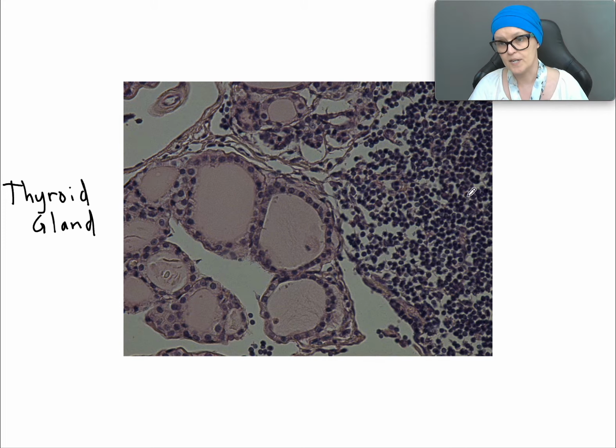And this part here with these dark cells with no spheres, touching it, is what gland? What organ? Parathyroid gland. I don't think that's going to fit on one line.